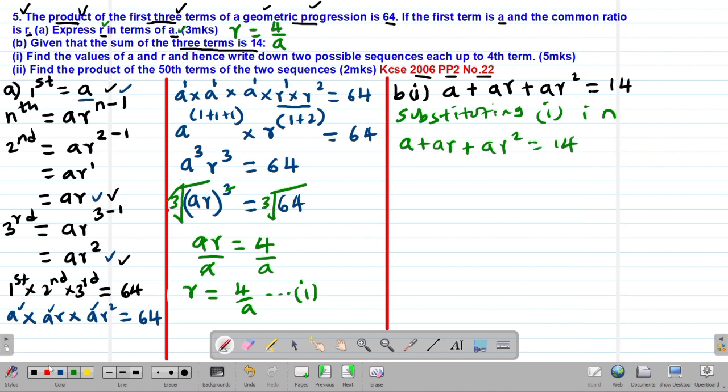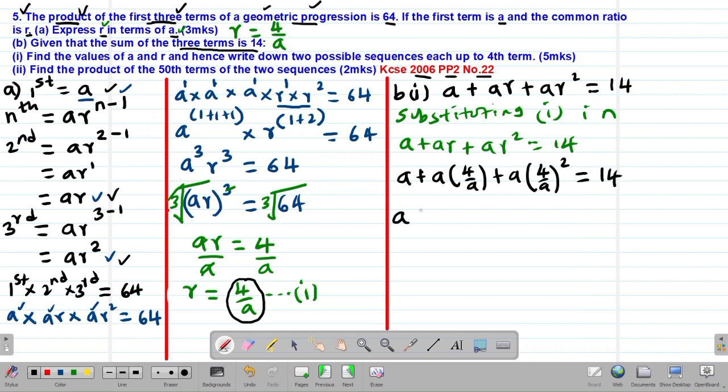That means that where I have R, I'll substitute with 4 over A. So this would remain A, then plus A times R, where R is 4 over A, so 4 divided by A, then plus A times R squared, where R is 4 over A, then squared. Then this is equal to positive 14.